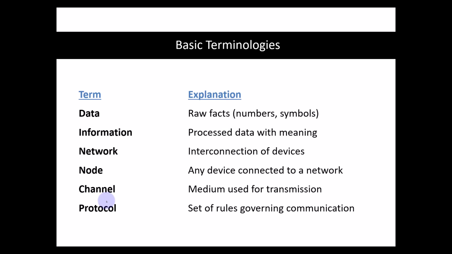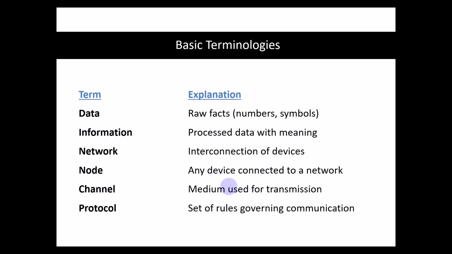And then we have what we call a channel. A channel is the medium used for transmission. So it's the same as the transmission medium. So you can either say transmission medium or channel. So the channel can be wireless or wired, and then the same transmission medium can be wired or wireless. So you can interchange these two words.